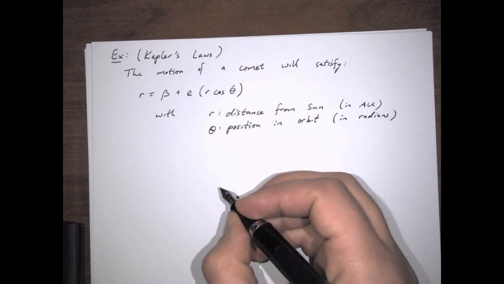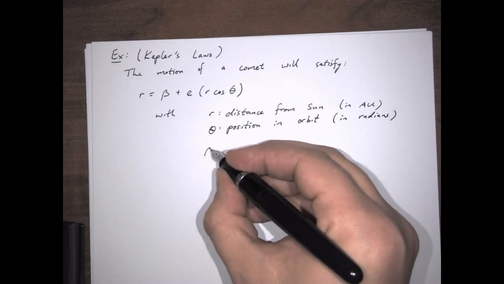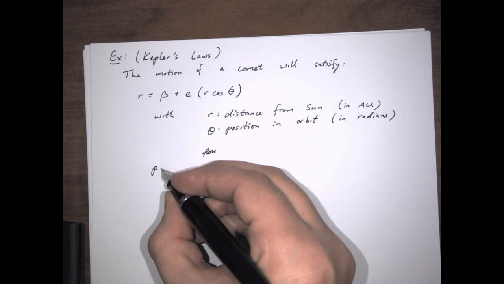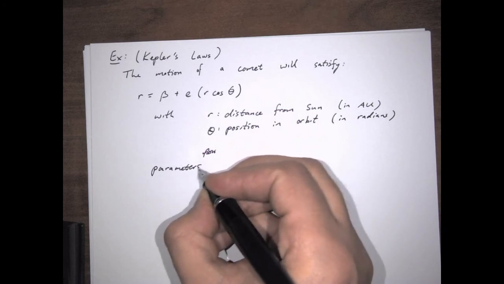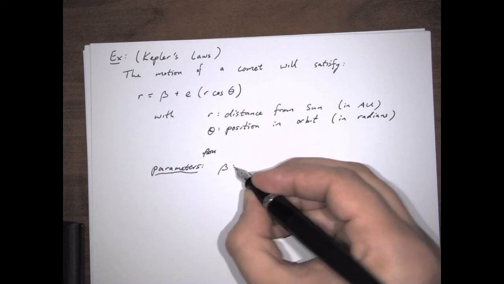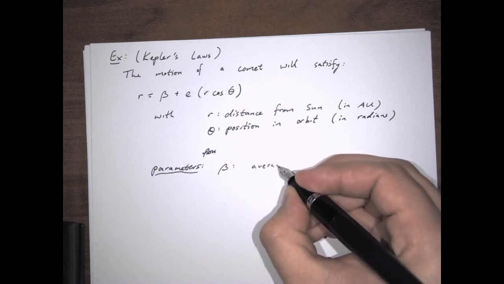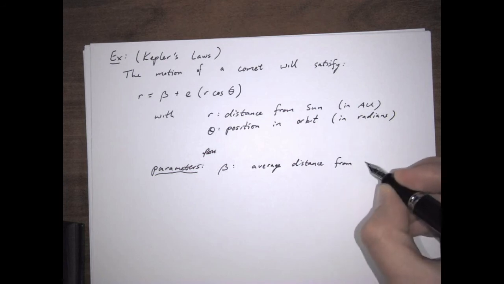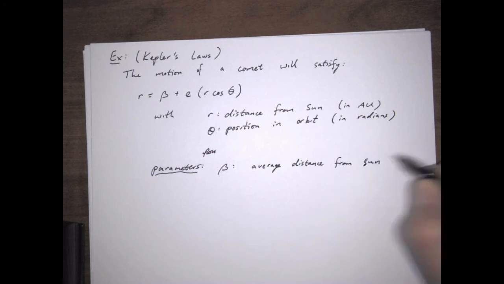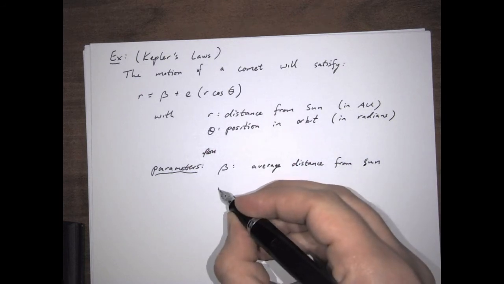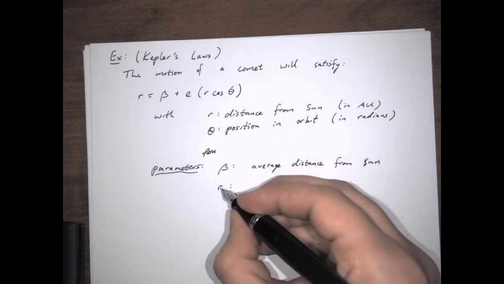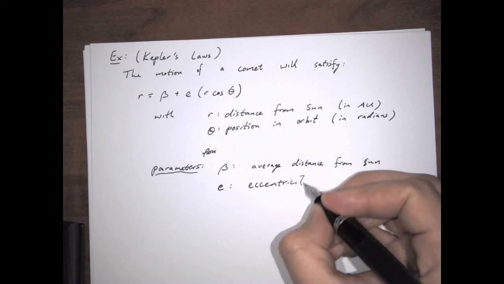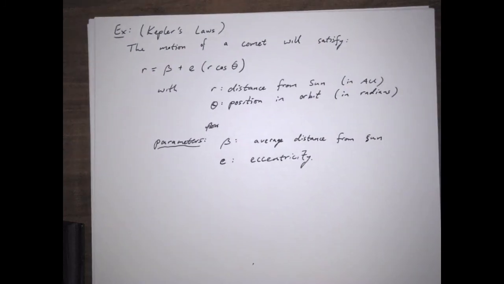So then furthermore, the parameters will be beta, which is the average distance from the sun, and E, which is going to be the eccentricity, so the eccentricity of the orbit.